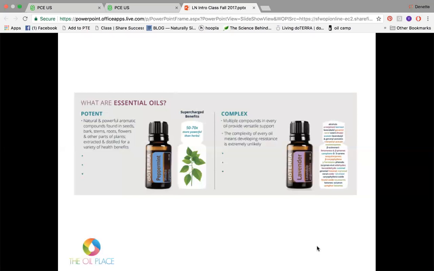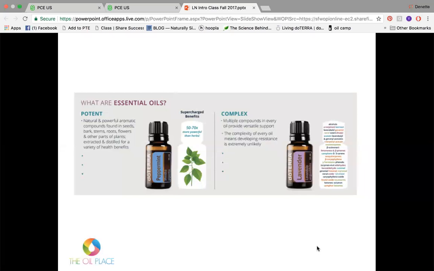When you go to pubmed.gov, it's not going to help you if you type in lavender oil. The best thing for you to do is pick one of those chemical compounds and put that in there, and that's going to give you more detailed information.